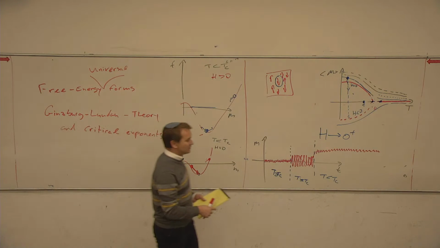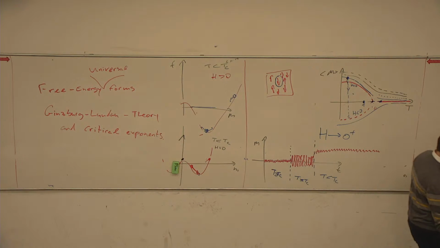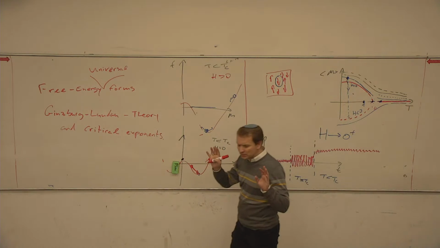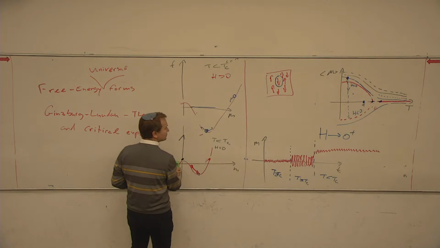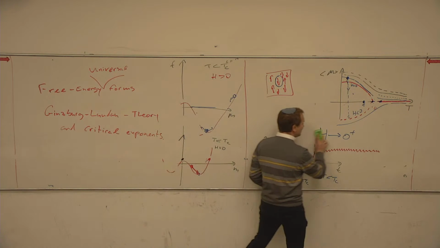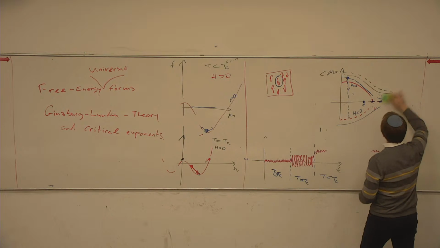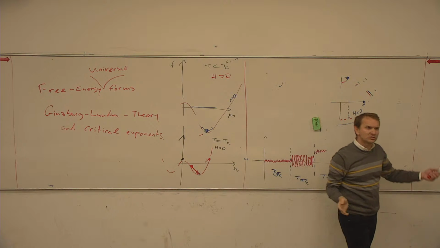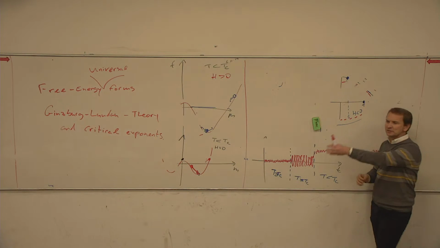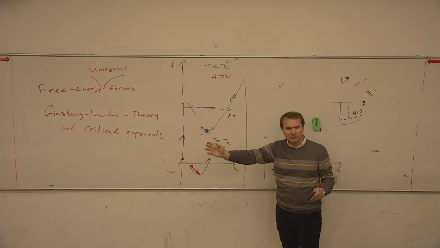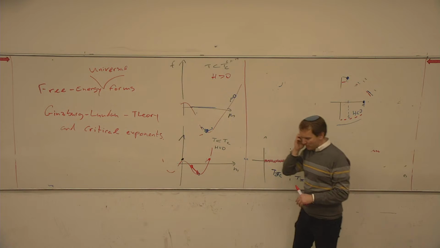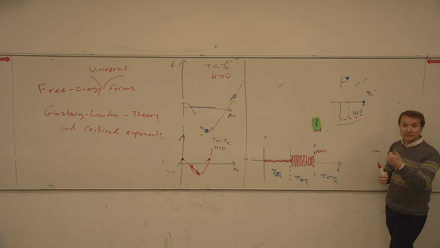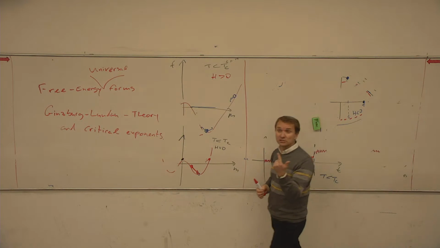So what they assumed, as I told you, the first assumption, is that the form of this free energy is universal. So the only thing that matters are some global considerations. I don't care if it's this type of metal or that type of metal or a paramagnet material; the only things that should be important are symmetries and energetic considerations.